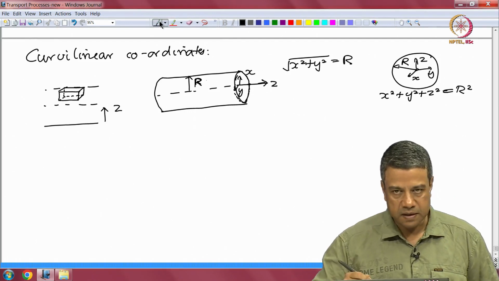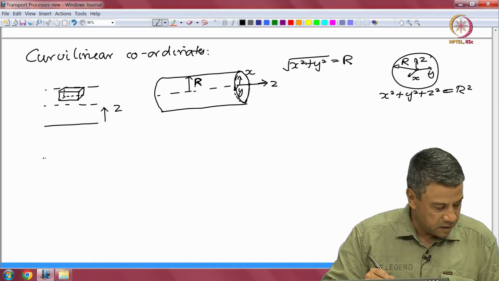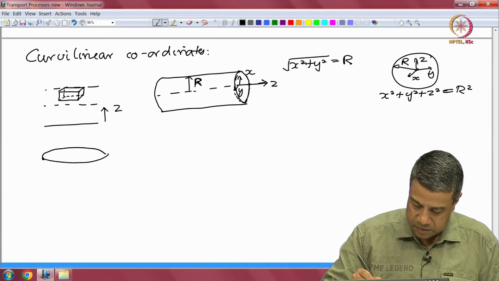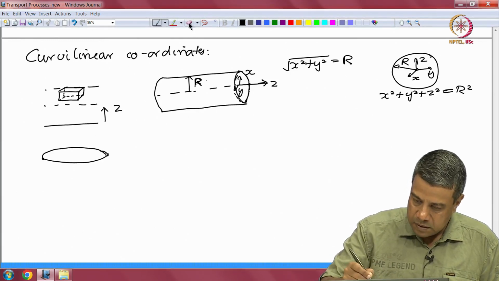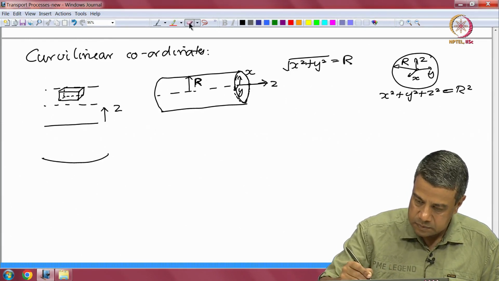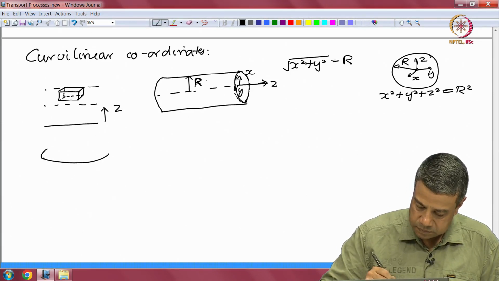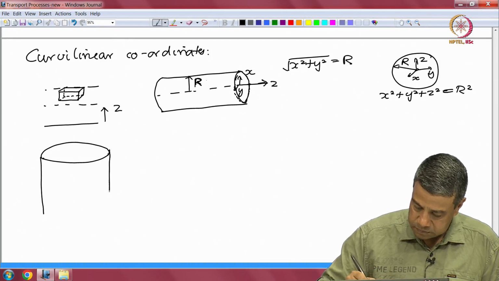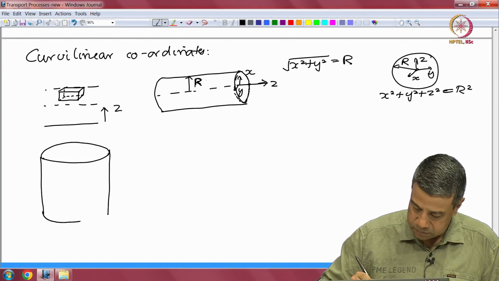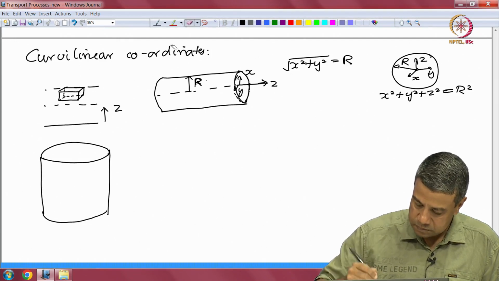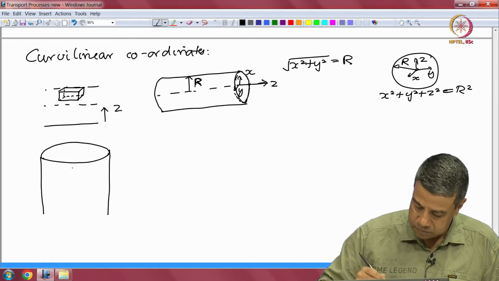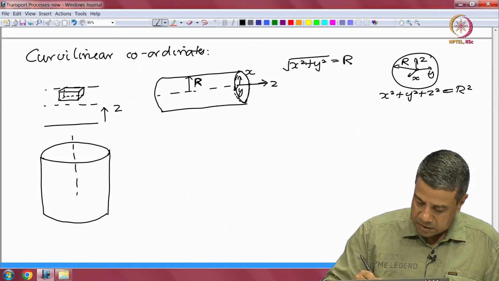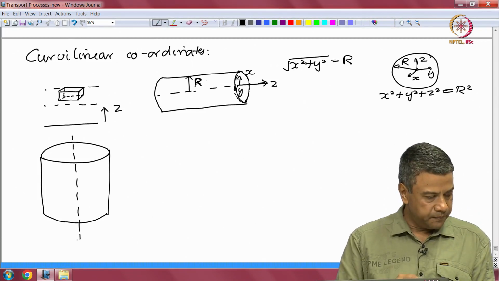So, how do we define the surface? Let us say I have a cylinder with an axis.